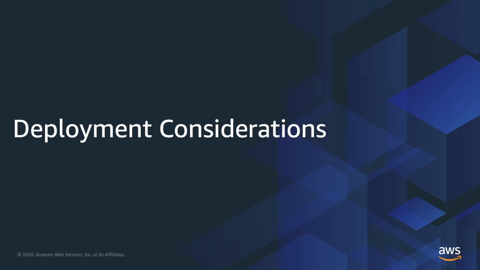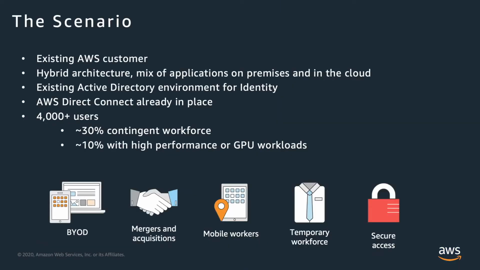Now, let us take a look at some deployment considerations for Amazon WorkSpaces and Amazon AppStream. For this, we'll consider a scenario and make a few assumptions. Let us consider that we are building a solution for an existing AWS customer who has a hybrid architecture and a mix of applications running in AWS, in the cloud, and on premises.